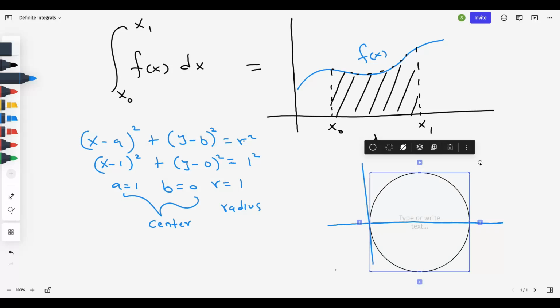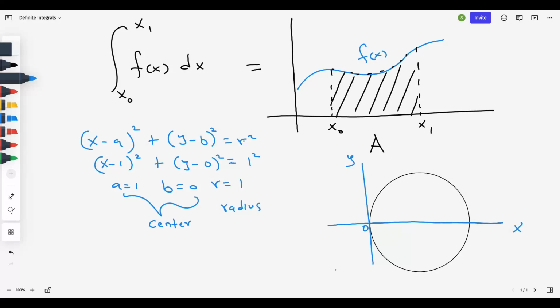This other line is not vertical, but ignore that. So now this is your 0, this is your y, this is your x. Now the center is here, which has coordinate 1 for x and 0 for y. And then the radius of this circle is r equal to 1.